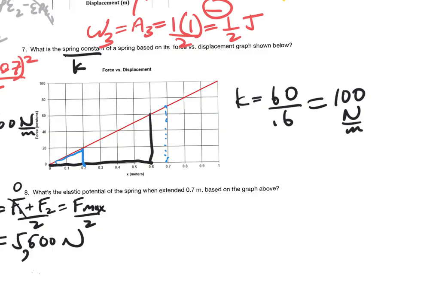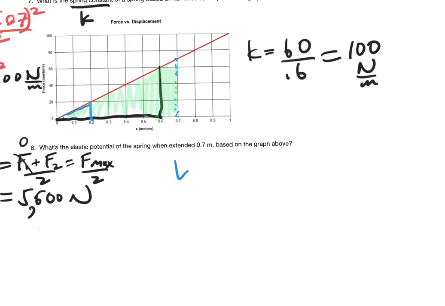The area under the F versus X graph is going to be the work done. The work done is the change in elastic potential energy. So really, I'm just going to find that area right there. So the work equals the change in EPE.